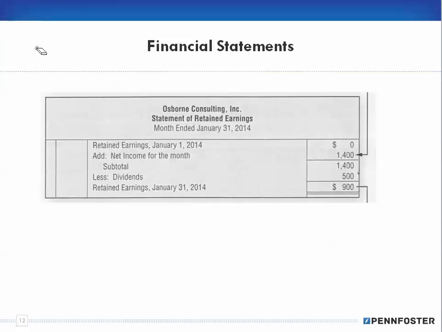So we're going to take that information from the trial balance, along with the profit or loss from the income statement, and create the statement of retained earnings. Follow the process. For the statement of retained earnings, we create the heading: the name, and we list the name of the financial statement. And we have a heading date.